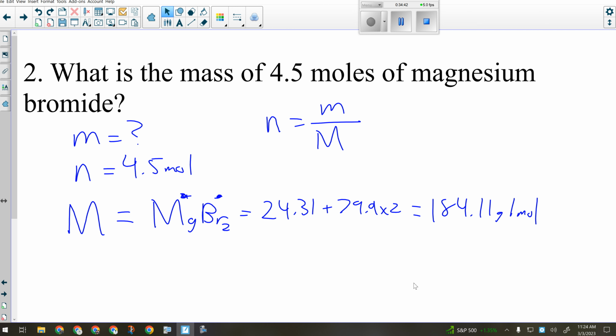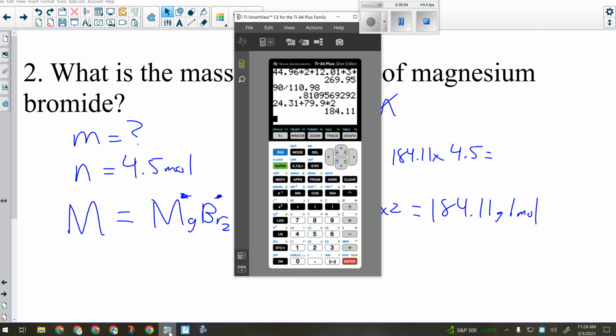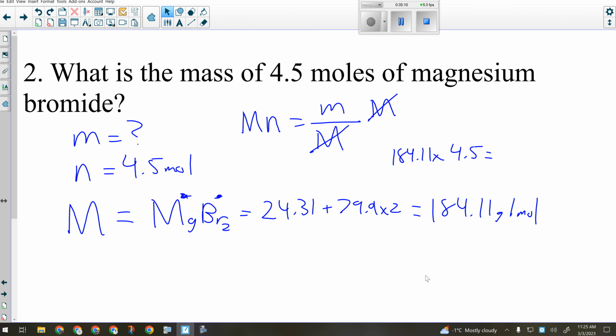So I want to multiply both sides by big M. Now I'm solving for little m, and I just have to plug in my numbers. So that'll be 184.11 times 4.5. So we're looking at 828.50 grams. All right, we'll be looking at that more next week.